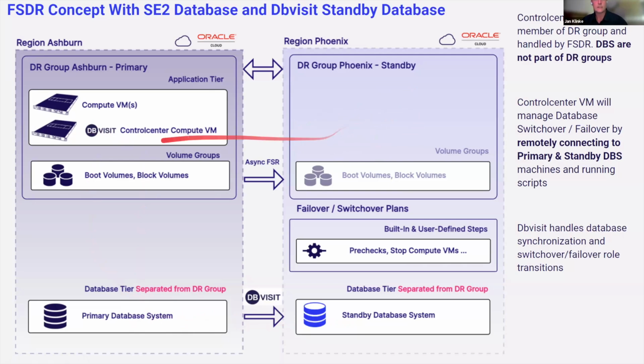And then from within this Control Center VM, we will orchestrate switchover or failover between the database servers. The reason for this is, again, there is no direct interface between FSDR and Standard Edition 2 database. So we have to help ourselves, and we have to use Dbvisit Control Center as the component which will provide the interface between FSDR and the database tier.